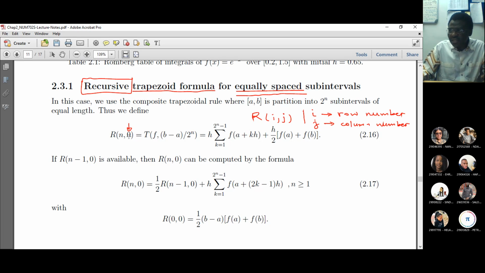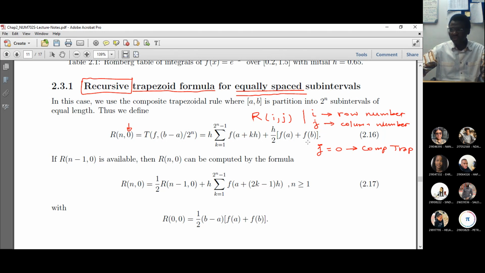So when we fix j equal to 0, that's the trapezoidal rule. So when j is 0, which indicates the first column, we have the composite trapezoidal rule or formula. Okay, so that's what we have here.